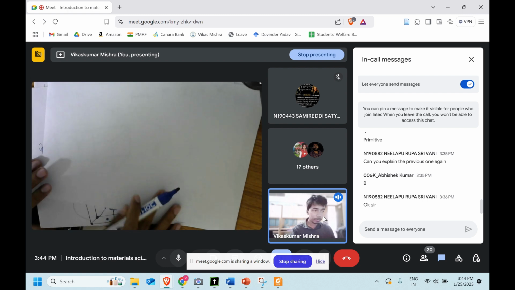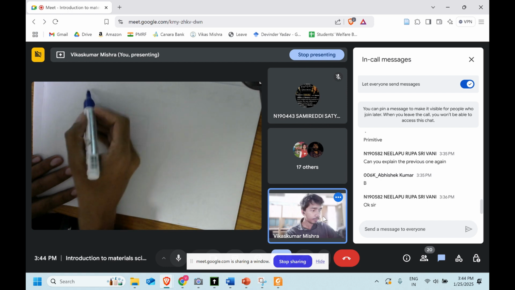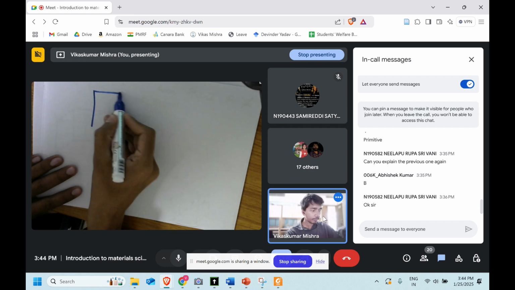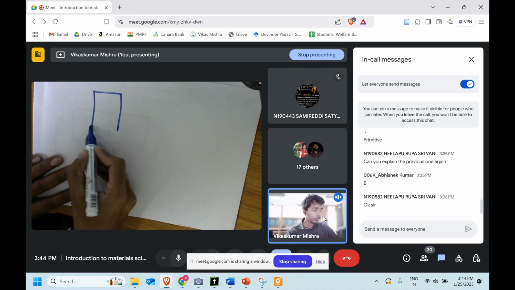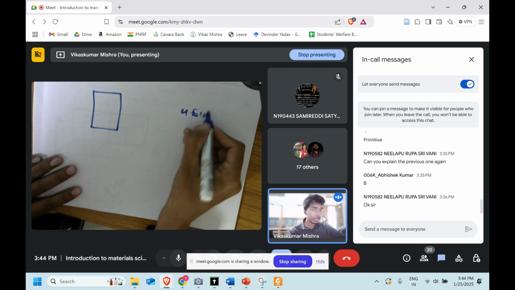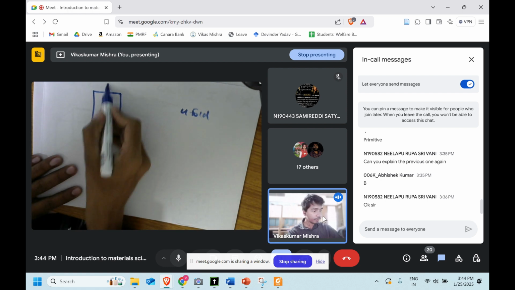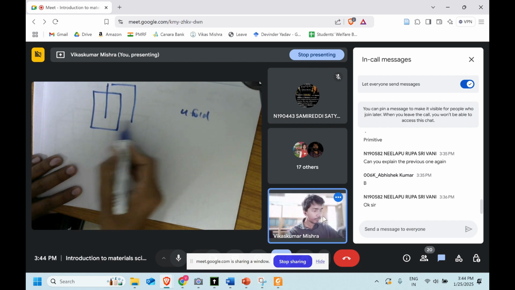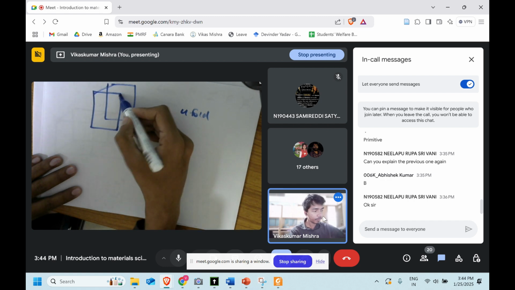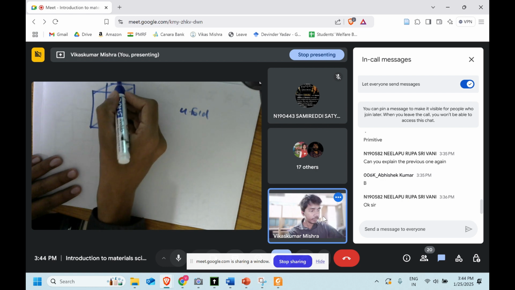The defining symmetry for the tetragonal is a fourfold, right? It is a fourfold along the c axis. This is the c axis.